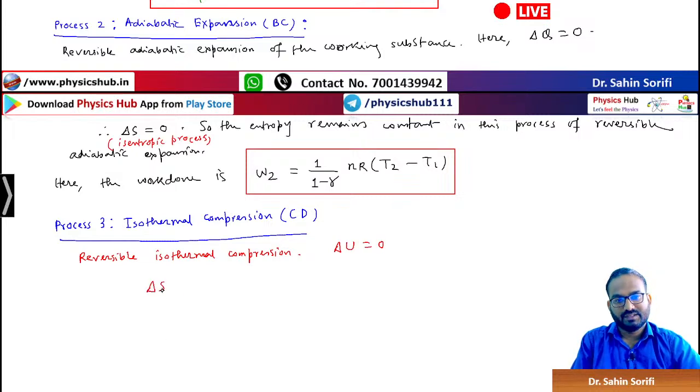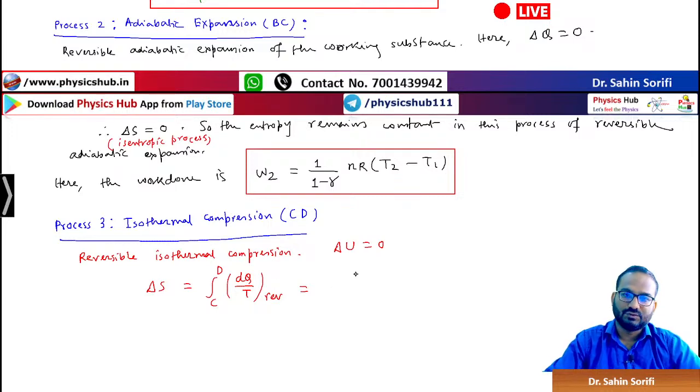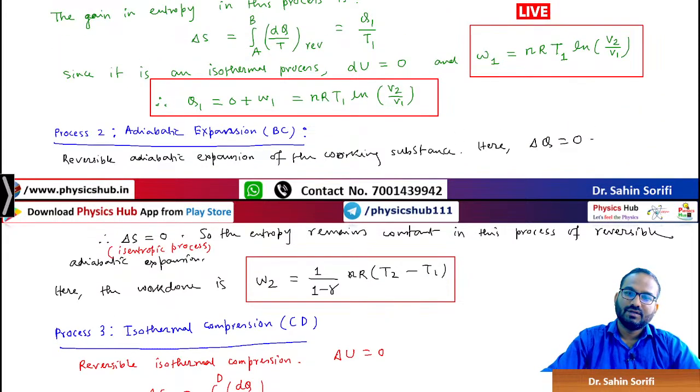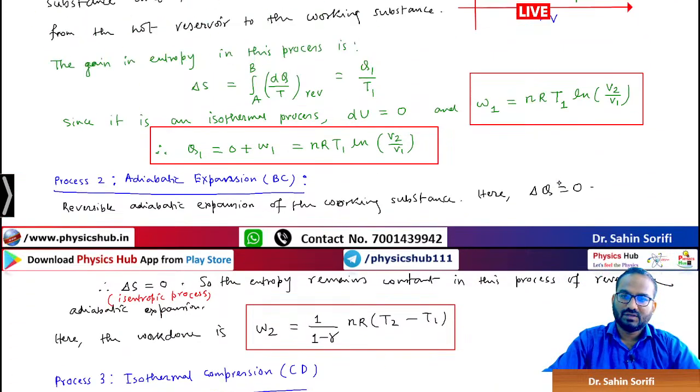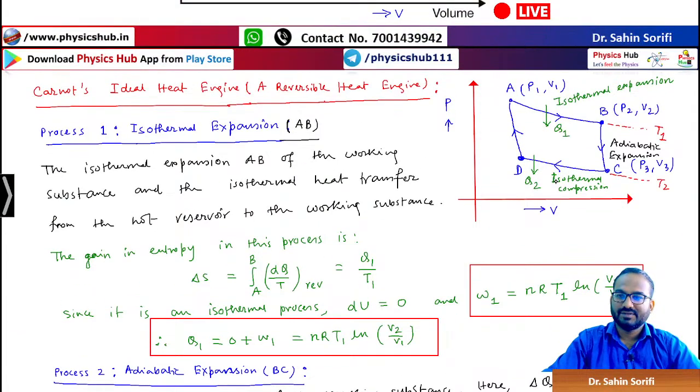And what about delta S? Integral of dq upon T reversible. Here the heat transfer is Q2. Now should I use plus Q2 or minus Q2? Try to understand it very carefully.